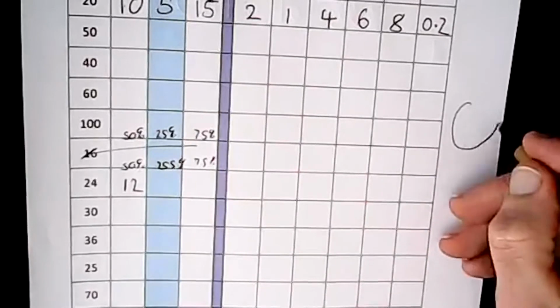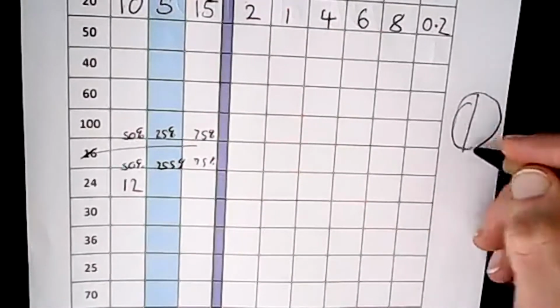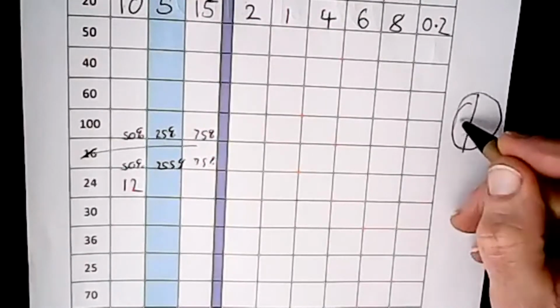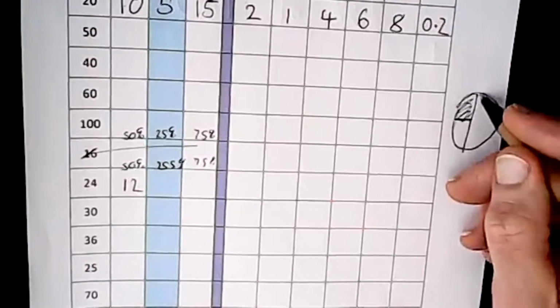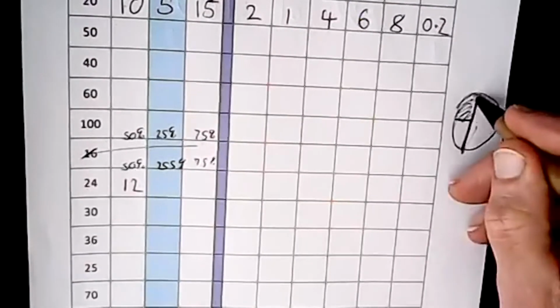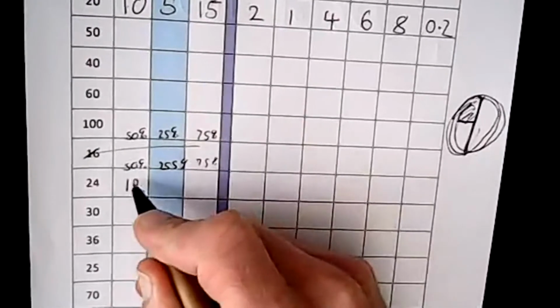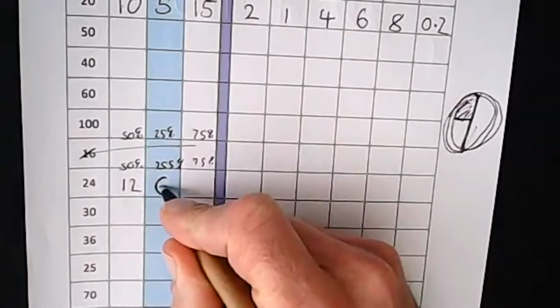Imagine having a pizza, which we had last night, and we split things in half and then split that half into half again. That's a quarter of an amount. Okay, I know it's a bit of a rough diagram, sorry about that, but it just explains it nicely. So half of 12 is going to be 6.